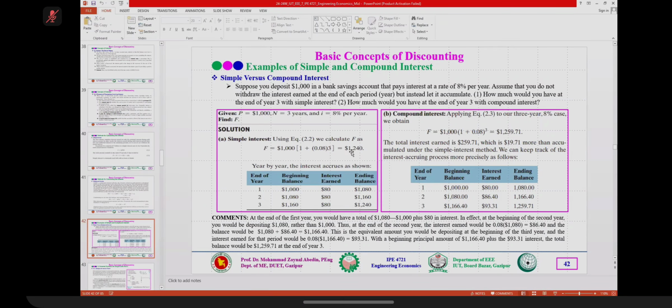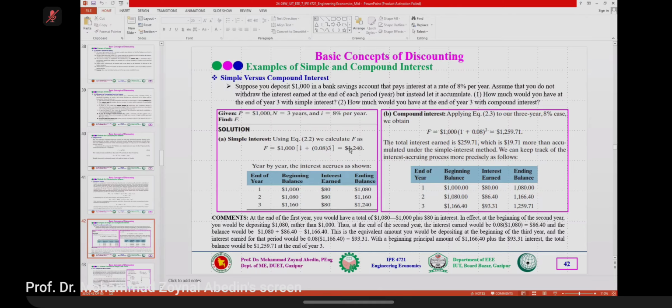So this value is $1,240 after 3 years. If you put the values in the equation, you will get the future value after 3 years.